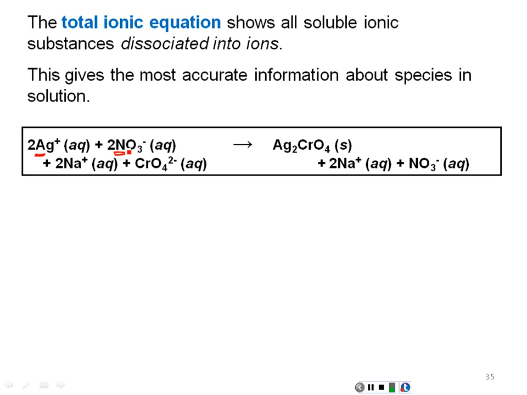So Ag plus, NO3 minus, Na plus, CrO4 2 minus. And notice that we are still including the physical state of those ions. They're aqueous, meaning they're dissolved in water. And you notice now that the solid, we keep that compound together. It's not dissociated, so we write it out as its full compound.